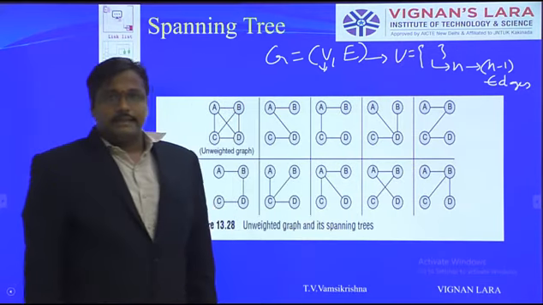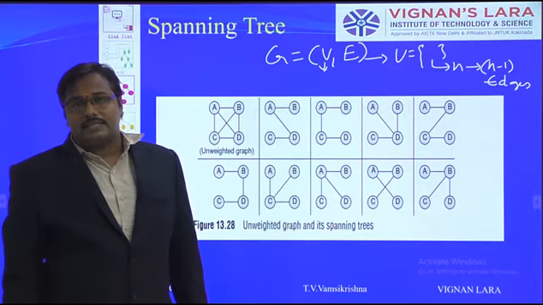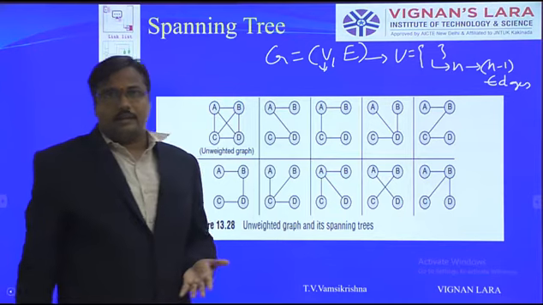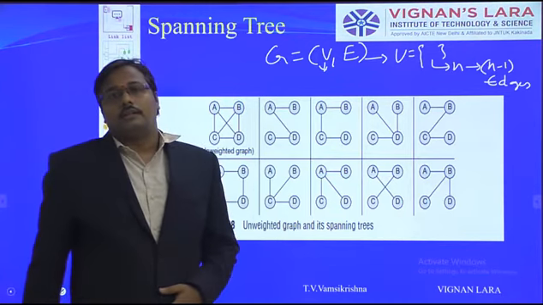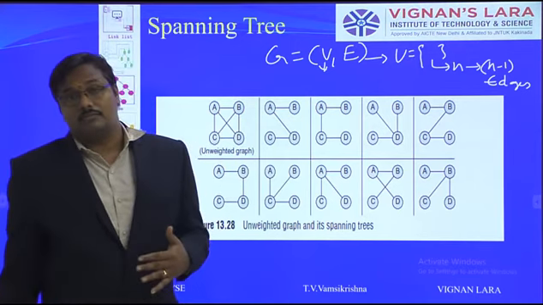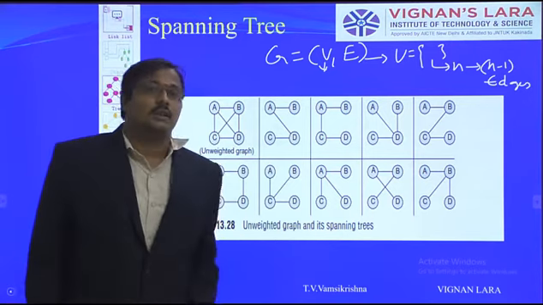To connect n vertices, n minus 1 edges are enough. The same concept you can say in another way: a graph with n vertices needs a minimum of n minus 1 edges to be connected.